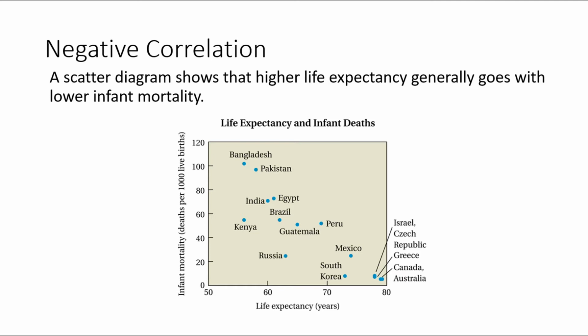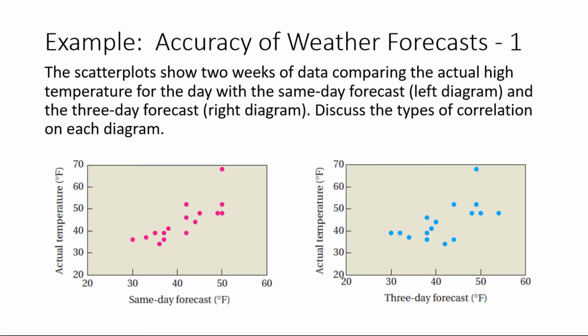On the vertical is infant mortality, and deaths per 1,000 live births begins at 0, increases in 20-unit increments to 120. We see that the lower the infant mortality, the higher the life expectancy.